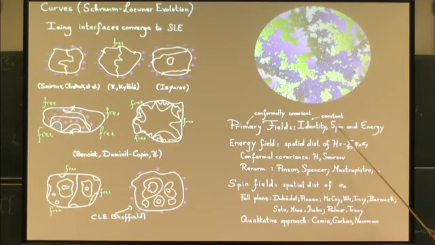Now we have a certain number of results in that direction, explaining how these fields converge to some scaling limits that could be described by conformal field theory, for instance, or by random distribution theory. So the energy field, that's already an almost old story.